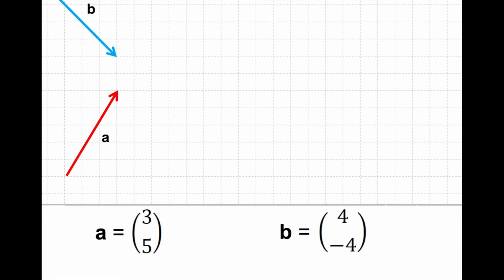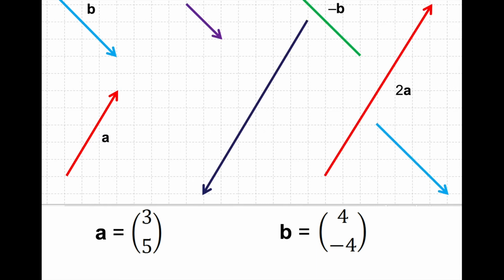Let's consider these two vectors. Vector a is equal to (3, 5), and vector b is (4, -4), 4 units down.